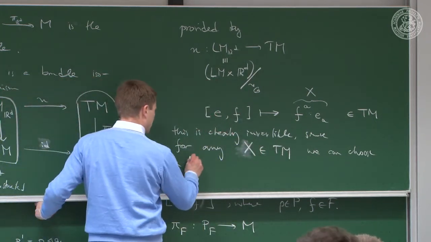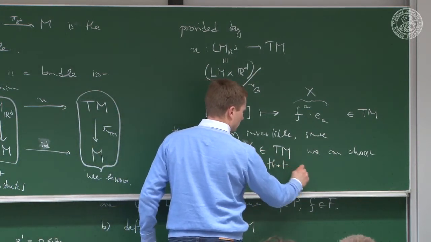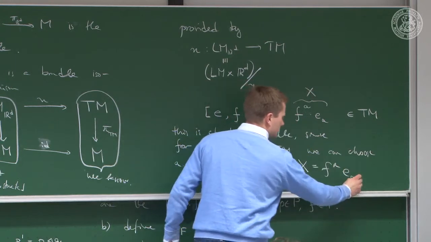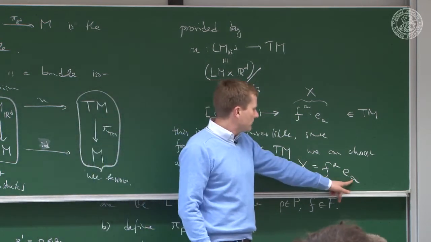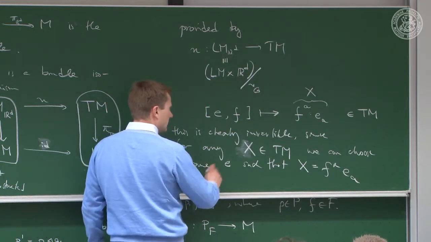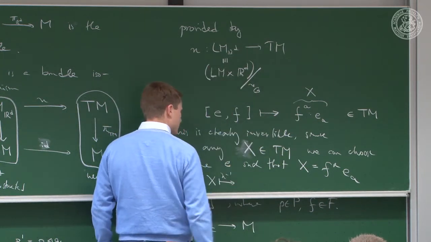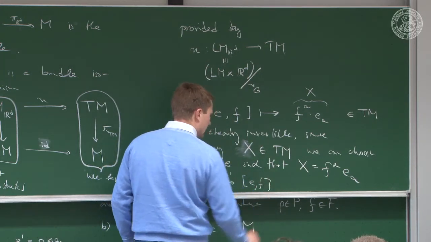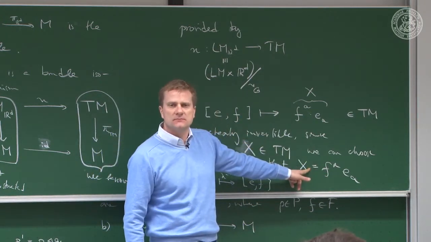We can choose a frame E such that x is F^a E_a, so that the F's are the components of this guy with respect to the chosen basis. And then you associate with x, by virtue of U inverse, the pair E, F, namely the chosen frame and the thus extracted components.